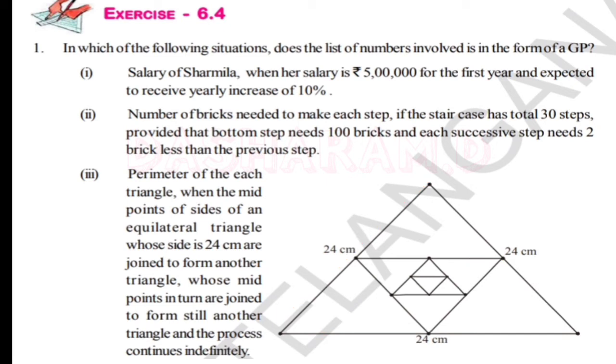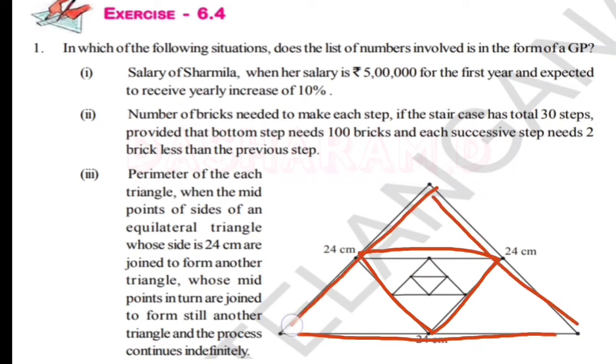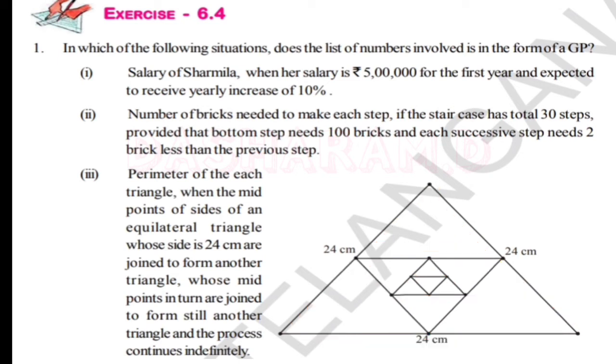So here he created one more triangle by joining the midpoints of the three sides. Next, one more triangle was created by joining the midpoints of the three sides. So this process is continuing. So then whether these perimeters will form a GP or not.